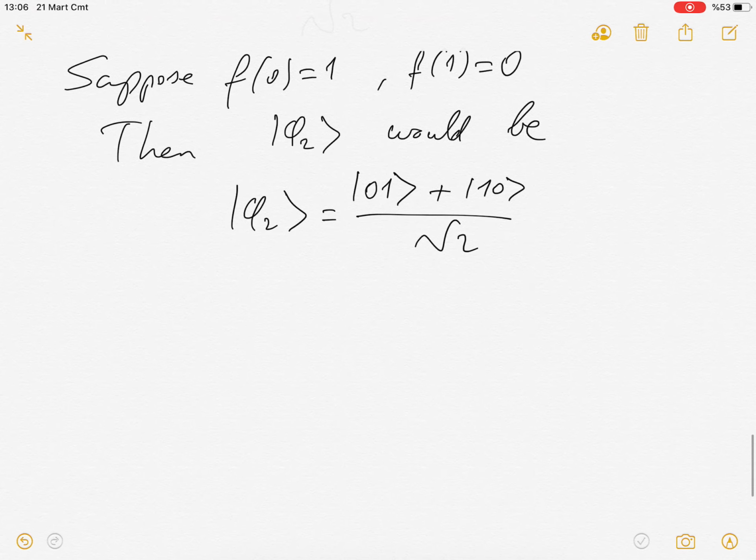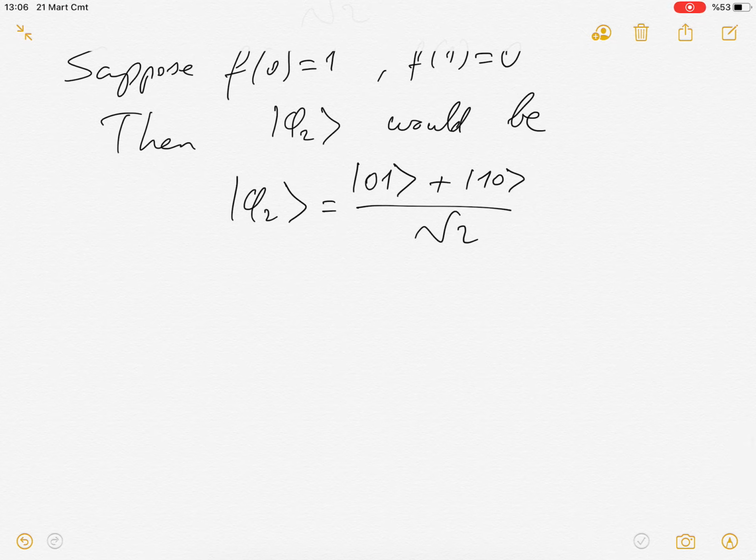So now we should devise a better algorithm. The first attempt fails. We have no information about the function f.